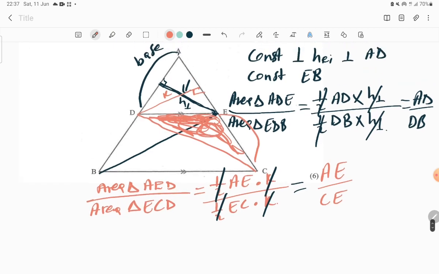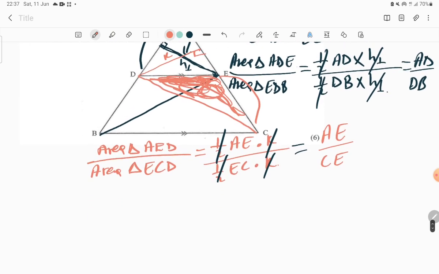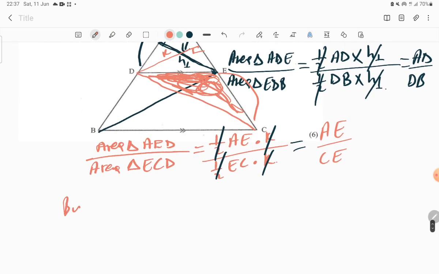So this is what we have. We also remember that the area of this triangle and the area of this triangle are equal to each other, because these are triangles between parallel lines and they share the same base.